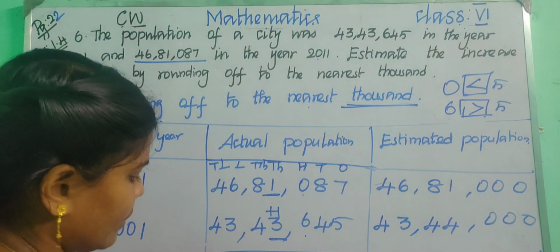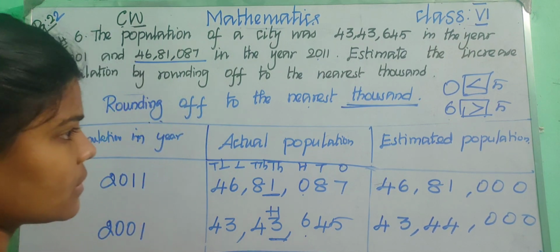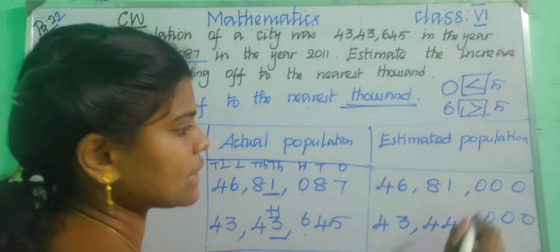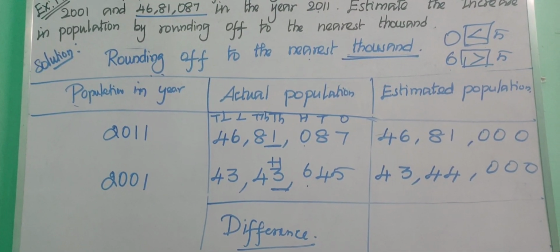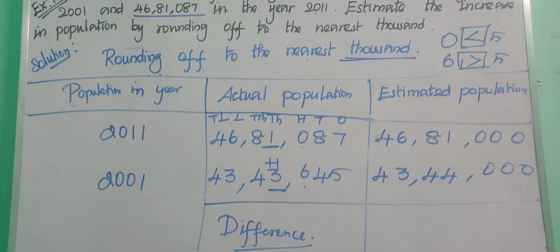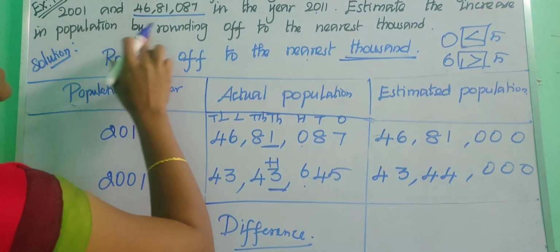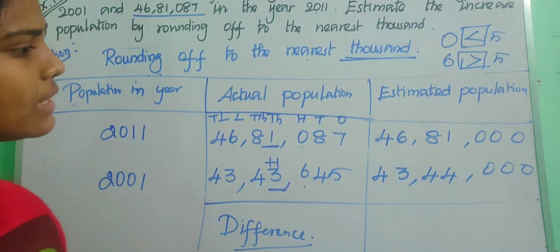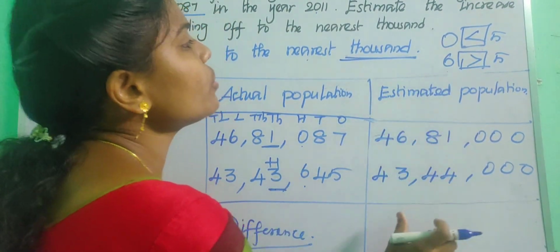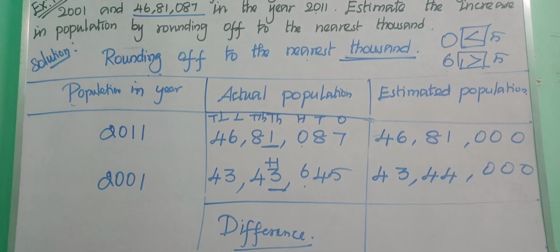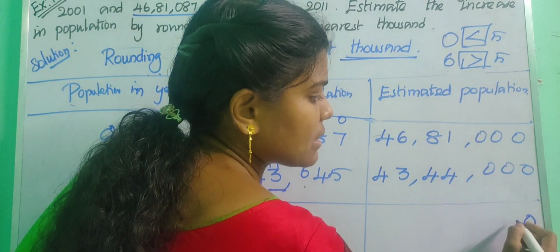So what is the estimated difference? Estimate the increase in population by rounding off to the nearest 1,000. We just rounded these to the nearest 1,000 and now we are going to find the increase, that is the difference between these two. So 0 minus 0, 0. 0 minus 0, again 0.